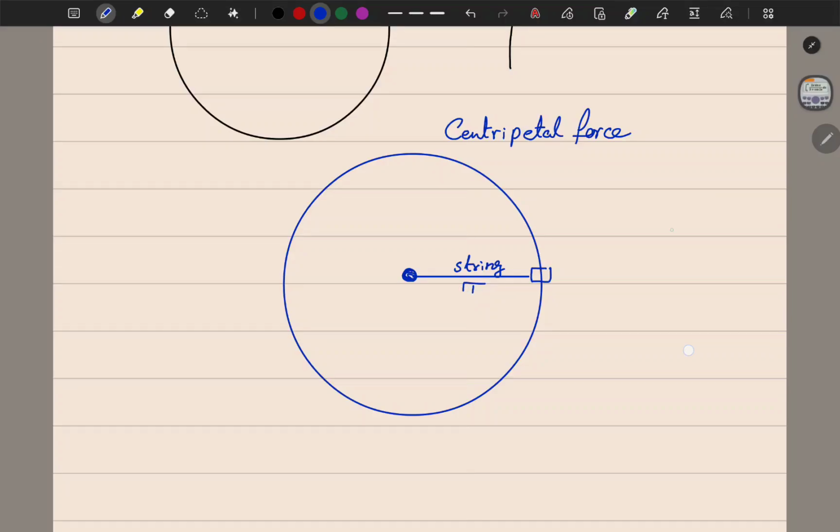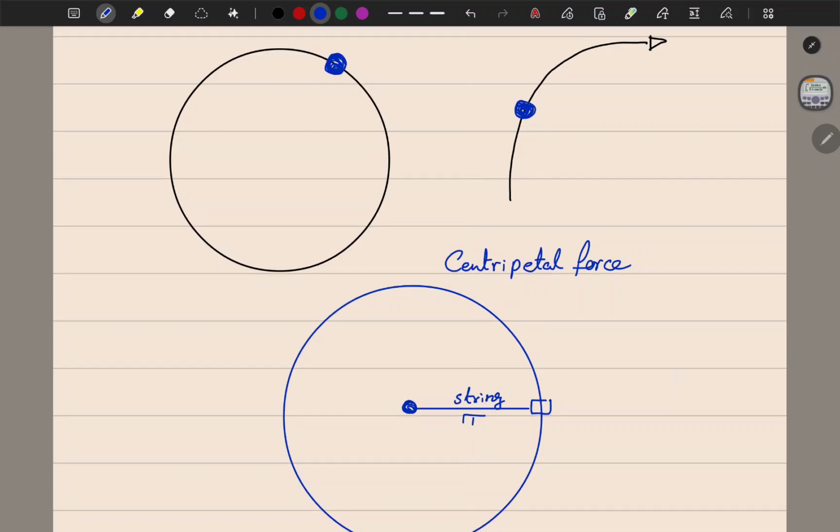But when we are talking about a car or a motorbike or a bike that is doing a turn or going around a circular path, there are no strings attached here. So from where does the centripetal force originate?